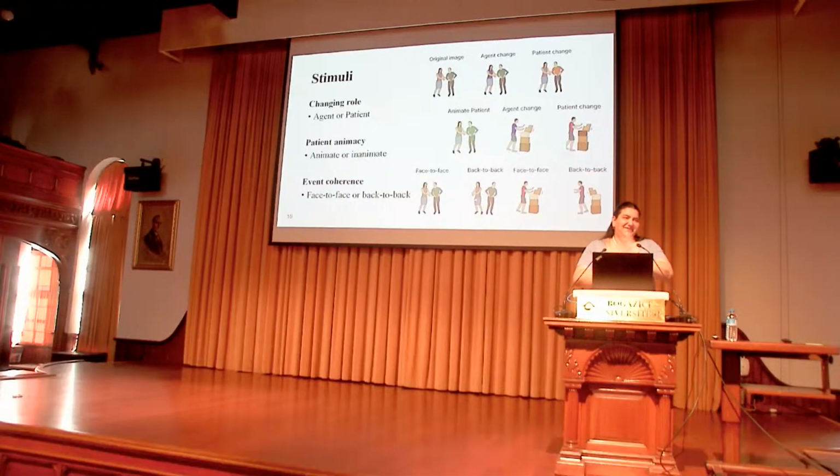I just called them agents for ease of reference. So if we saw a difference in the back-to-back events as well, we could say that it was based on something other than event roles, for example, animacy or other low-level features such as visual complexity or color or body postures maybe. But we use back-to-back events as controls to dispute that. Thank you.